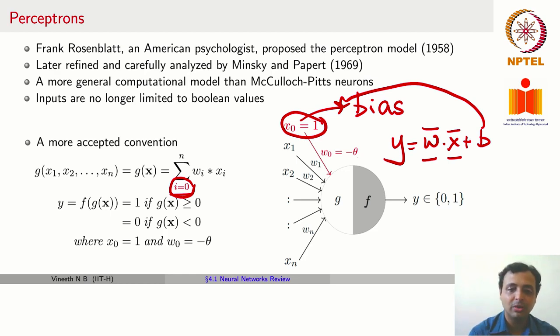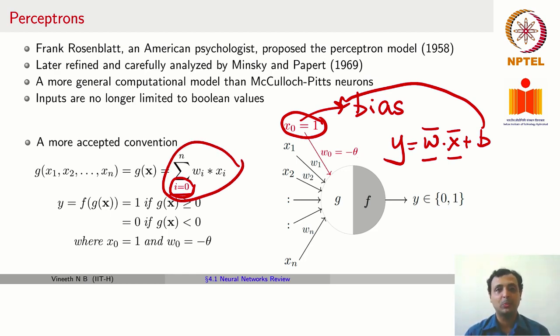That is now subsumed into a common summation which goes from i equal to 0 to n, where w naught is going to be denoted as minus theta, and the x corresponding to w naught, which is x naught, will always be 1. Why do we do it?